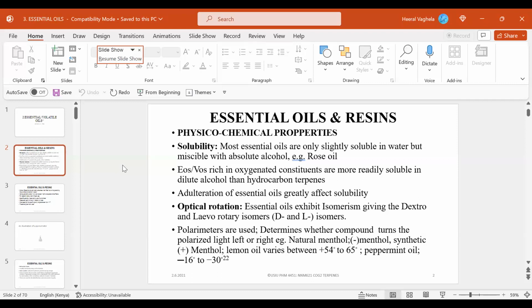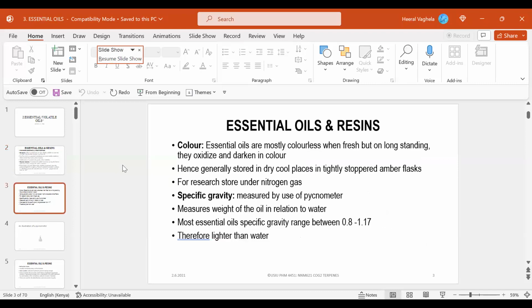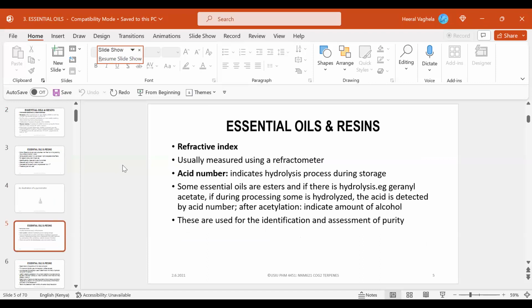So the four physicochemical properties: solubility, optical rotation, color, and specific gravity. Oh yeah, sorry, those are not the only four. Then there is refractive index, and acid number, which indicates the hydrolysis during the storage process.